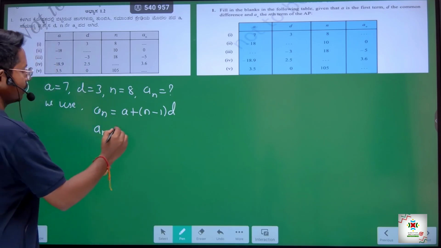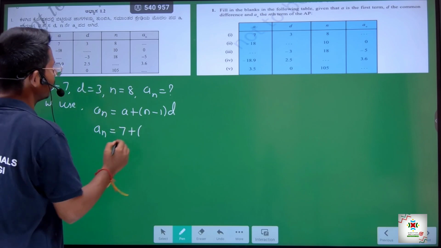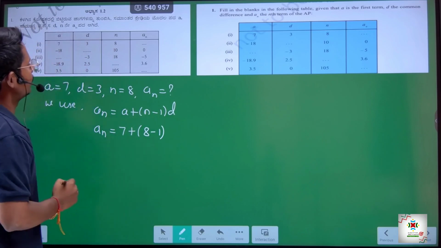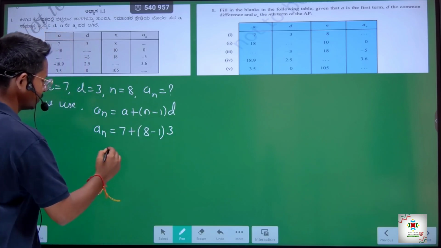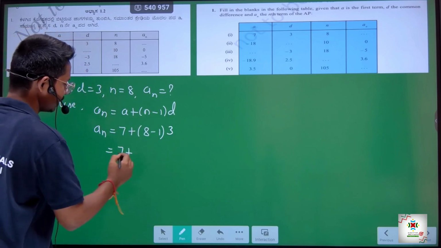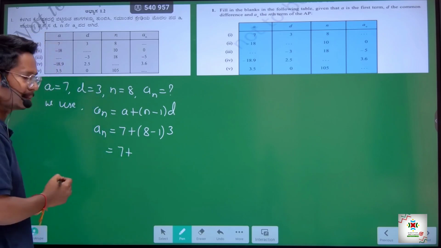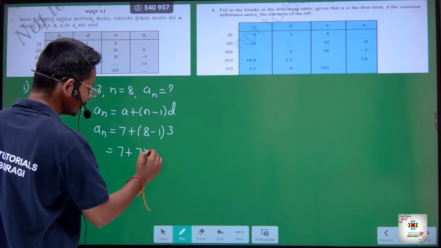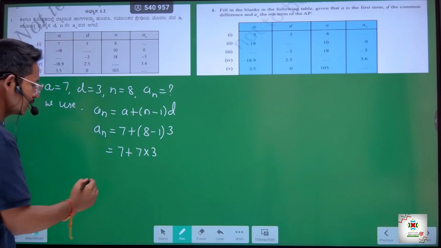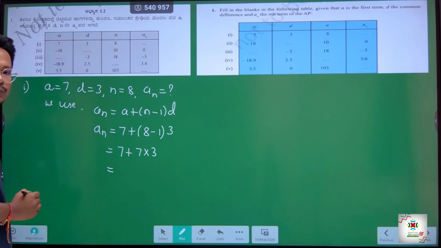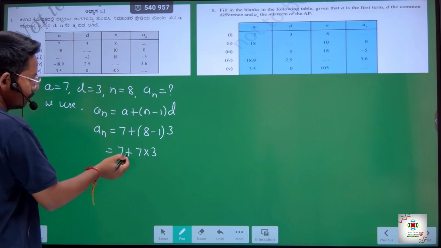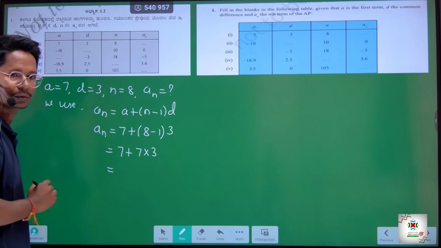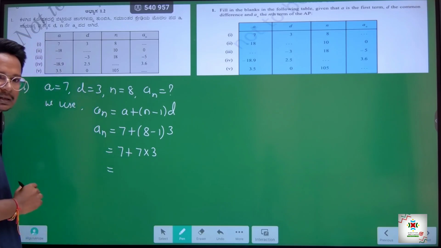A first term 7, n 8, the 8th term we have to find, minus 1, and d is given 3. So it is going to be 7 plus, first we have to simplify the bracket, 8 minus 1 is 7, and the bracket means it is into 3. Now here we need to use BODMAS. Between plus and into we have to give preference to into first. So don't add 7 plus 7, which is going to be wrong.